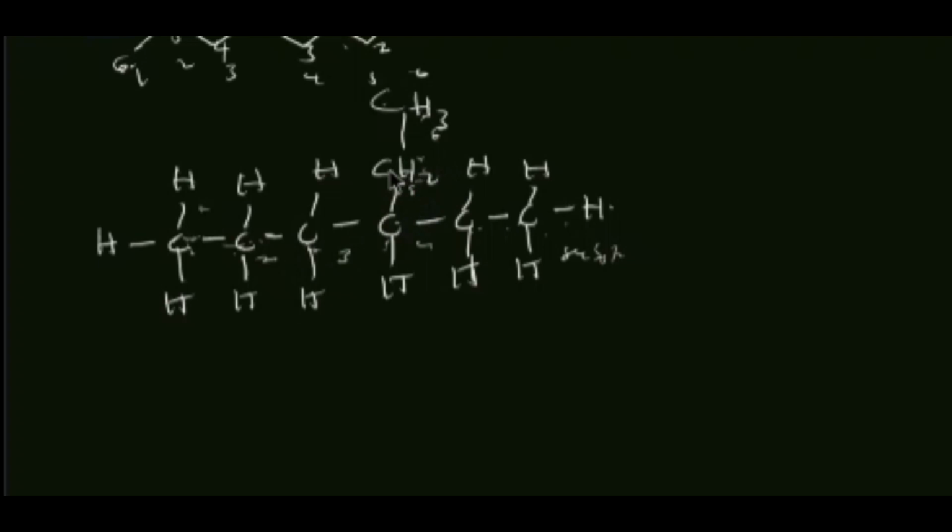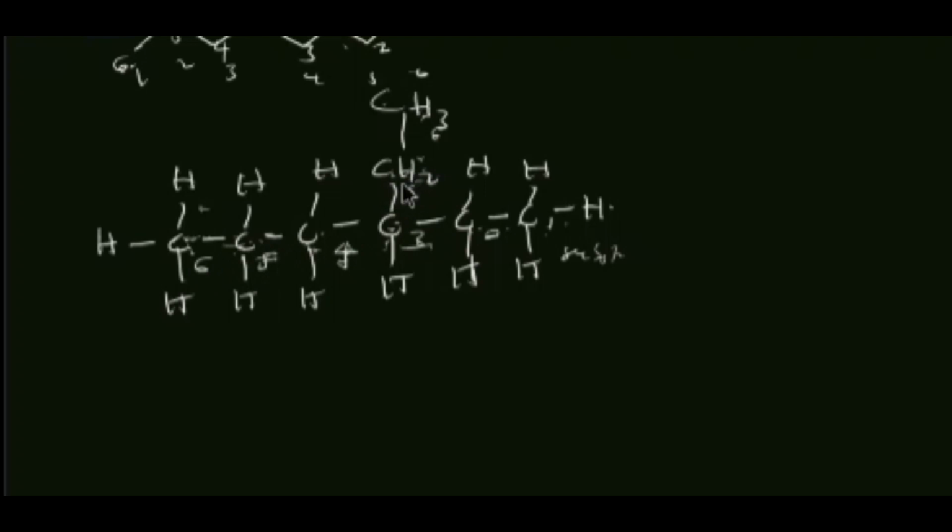Now, this is where we find our substituents on this carbon. Are we supposed to start counting from this side or this side? The decision depends on where it will give us the lowest possible number. Starting from here, I'll get 1, 2, 3. Starting from here, I'll get 1, 2, 3, 4. So it's advisable for me to start from here and I have carbon 1, carbon 2, carbon 3, carbon 4, carbon 5, then carbon 6.